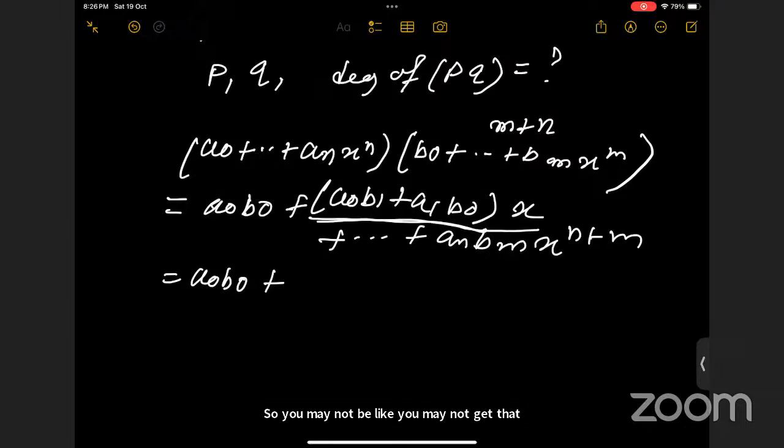In that case, you may have to write it in a shorter form. It is nothing tough, so you can be comfortable with it.